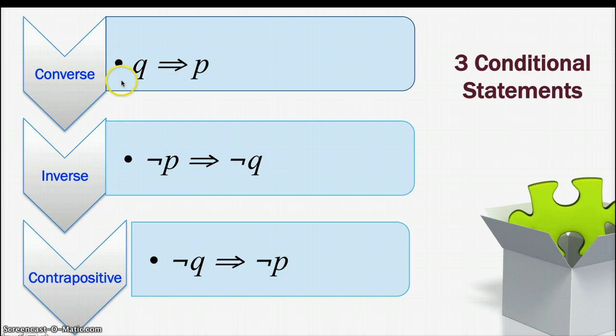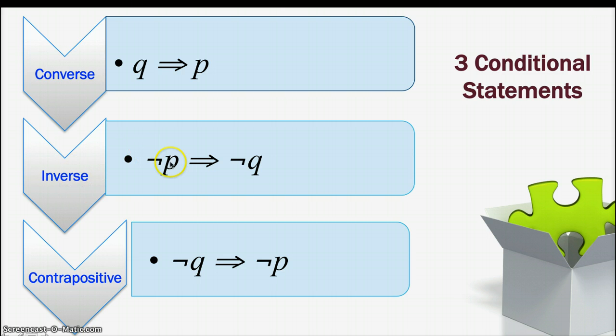You may have a converse, and a converse is when you have Q, if Q, then P. Remember, when we have this symbol, this is an argument. We use this in implication. So you can go back to the implication video and you will see the symbol. It's a converse: if Q, then P.